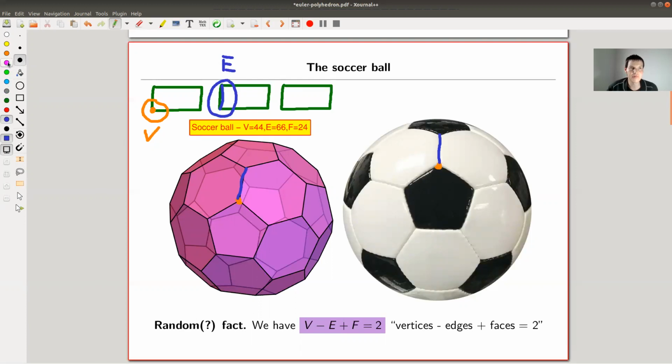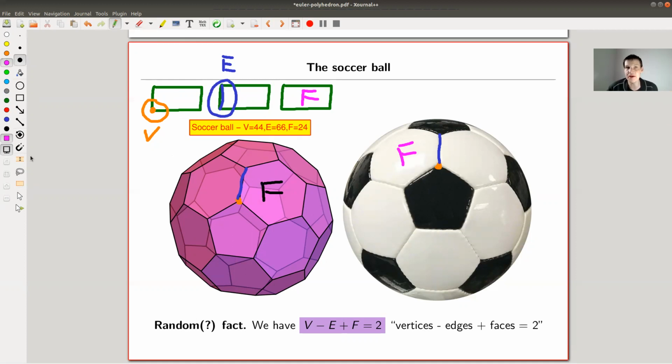And obviously polyhedra also have faces. Here's a face. Maybe here's a face. And here's a face. This is not really visible. Here's a face. I only want to take a polyhedron like the soccer ball and do a count.